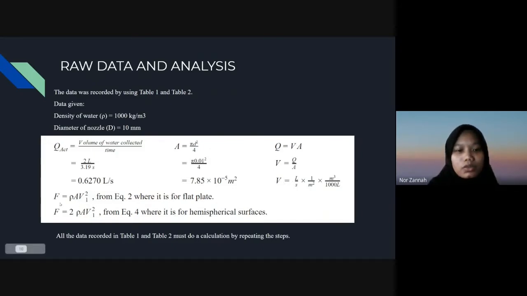To find force, we need this formula. This formula is for the flat plate, and this formula is for the hemispherical surface. All the data in Table 1 and Table 2 must go through calculation by repeating all of these steps.